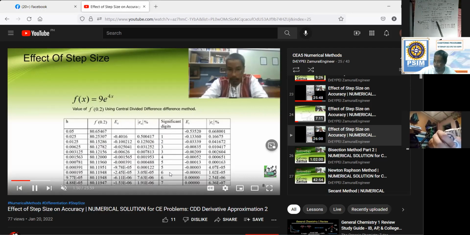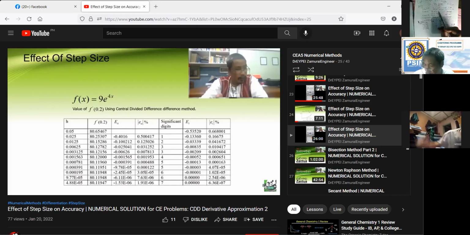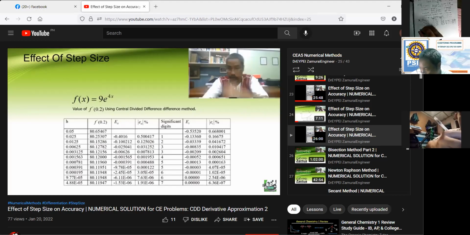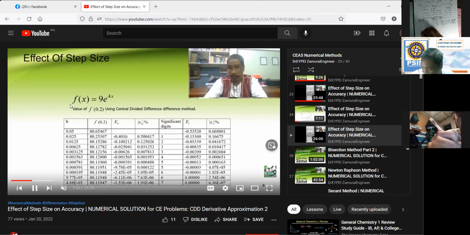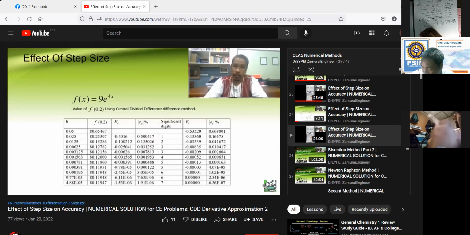The only difference is example number 11, timestamp 2, 1, number 25. The only difference is the definition of the approximation equation.